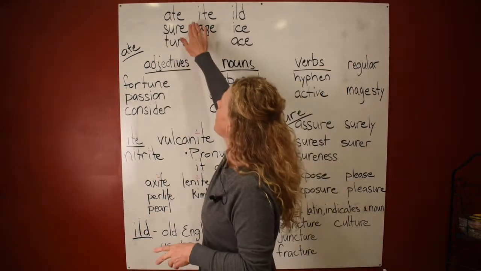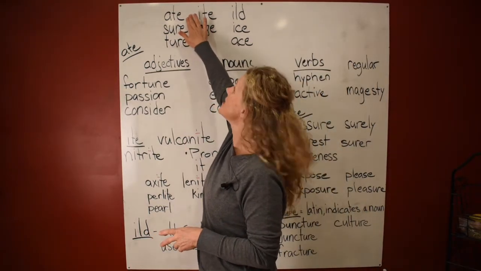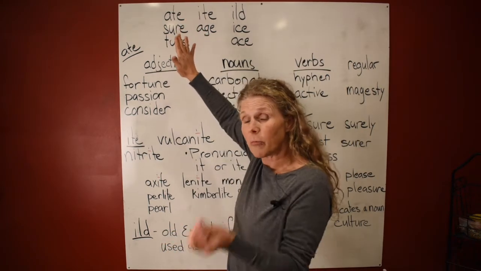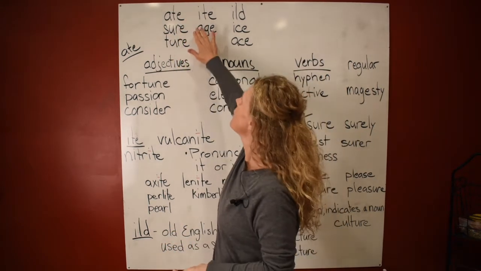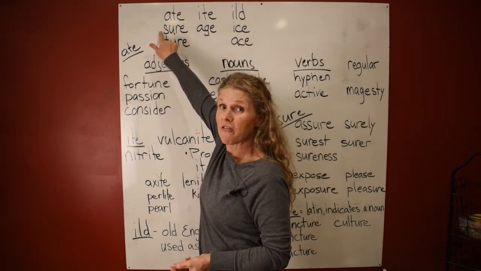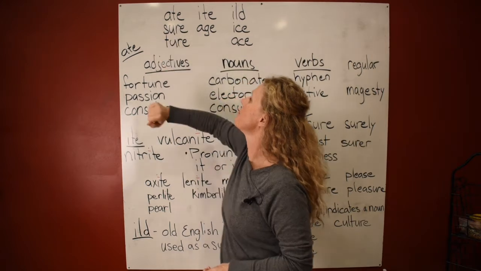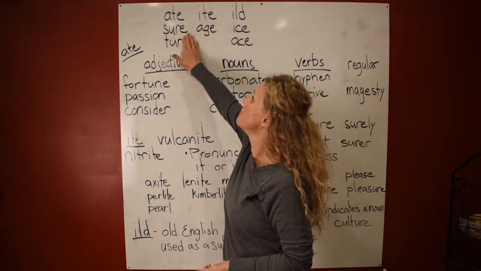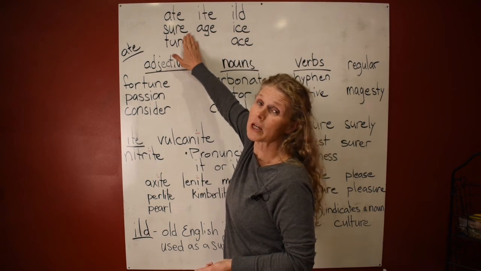We have ATE, which says it or ate at the end of multi-syllable words, okay? Sure or jure. Now it says jure when there is a vowel right in front of it. Ture. Now, it also says ture in the middle of words when the E is not at the end.